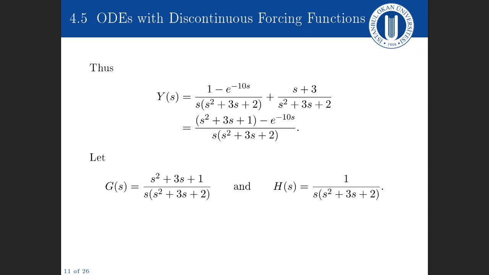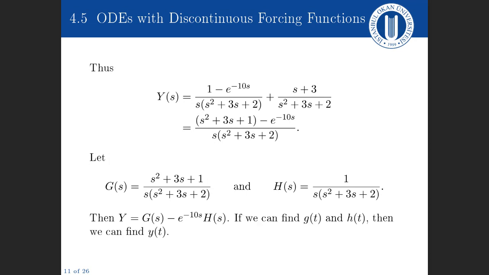These are the functions that we want to find the inverse Laplace transform of, because capital Y is capital G minus e to the power minus 10s capital H. If we can find small g and small h, then we can find small y.